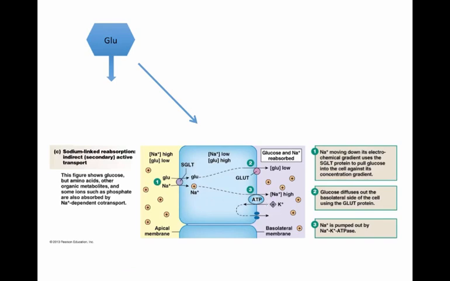That creates a sodium gradient where sodium is high out here and low in here. And so that allows glucose to be moved in against its concentration gradient by secondary active transport because it's using the energy in this sodium gradient. And then once glucose builds up high inside the cell, it can simply leave the cell by facilitated diffusion.